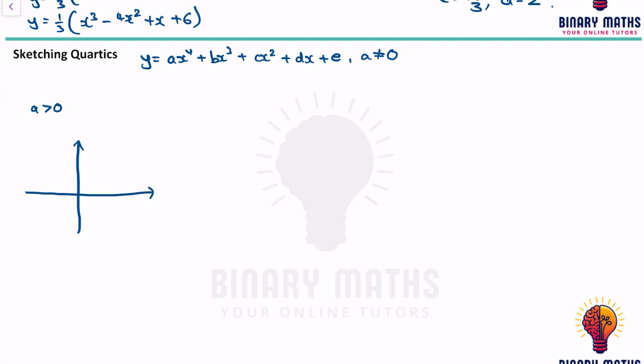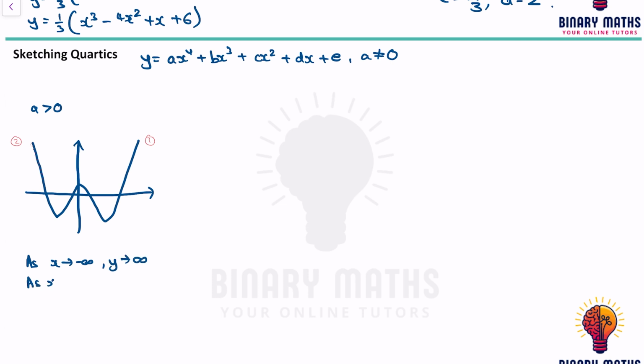it's sort of like a W shape. So you end up with something that looks like so. It goes from quadrant 2 to quadrant 1. And we say as x tends to negative infinity, so when x is getting more and more negative, y is going to positive infinity because it's getting more and more positive.